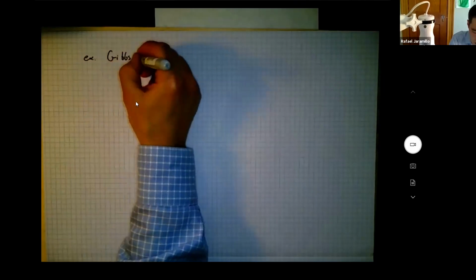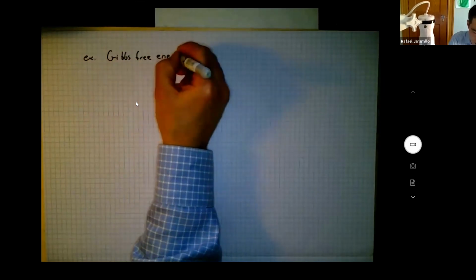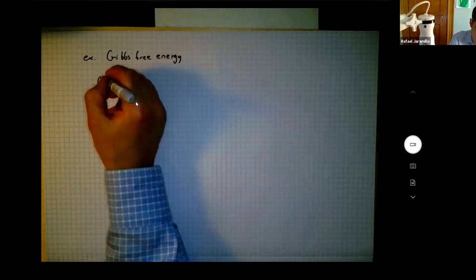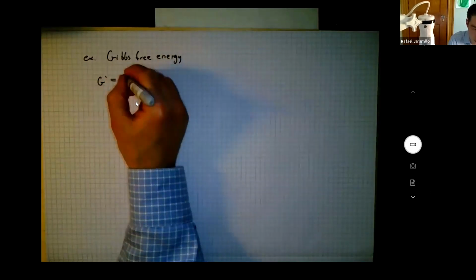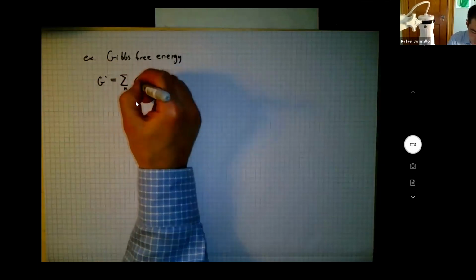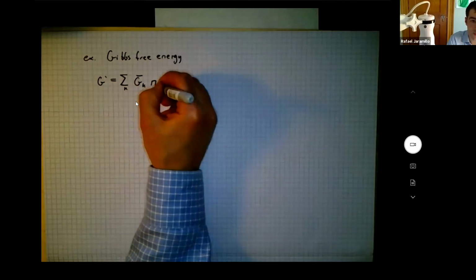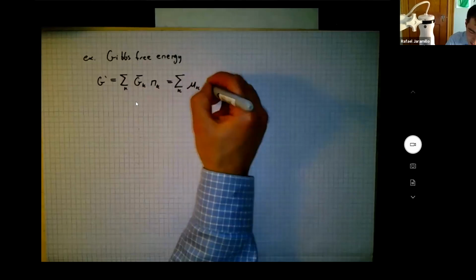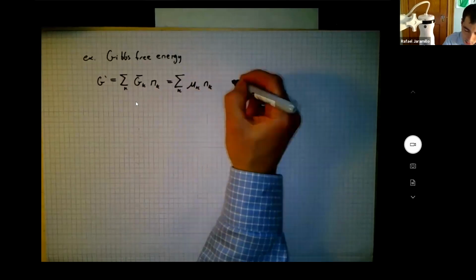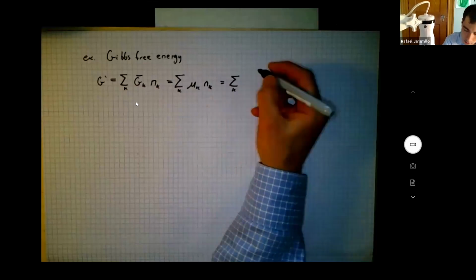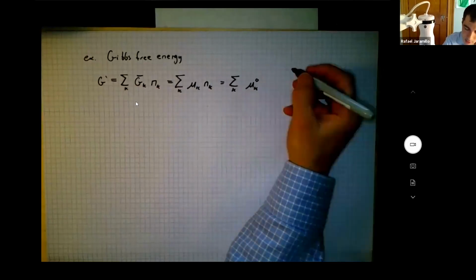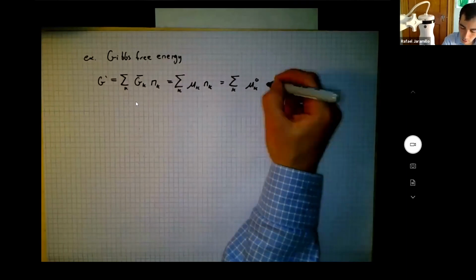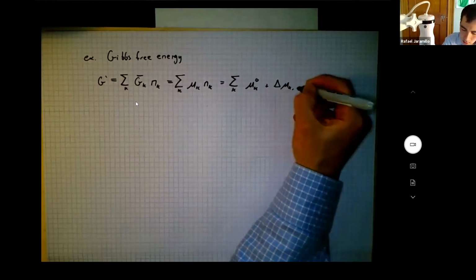So let's make this specific again. Gibbs free energy. The total Gibbs free energy of a system is equal to the sum of partial molar Gibbs free energy times mole number. Because Gibbs is special, it has its own term, chemical potential, times mole number. And according to our new bookkeeping scheme, this is the chemical potential of the pure stuff, plus however it changed when it entered the solution phase.